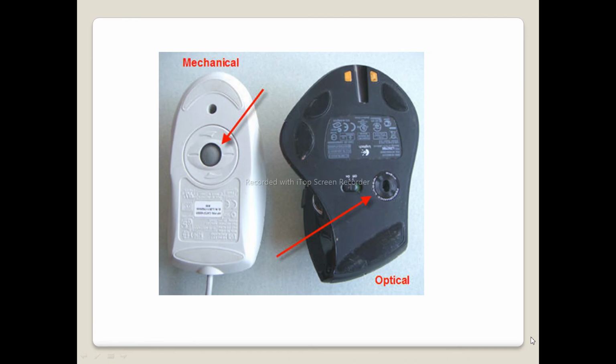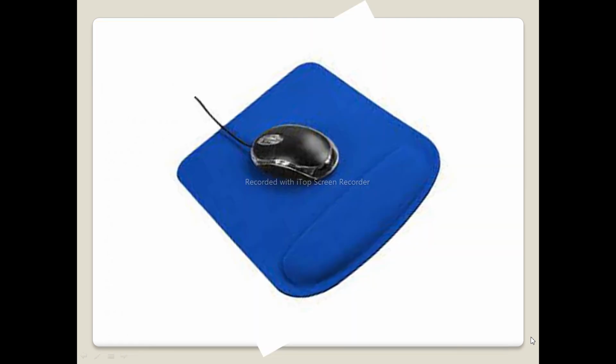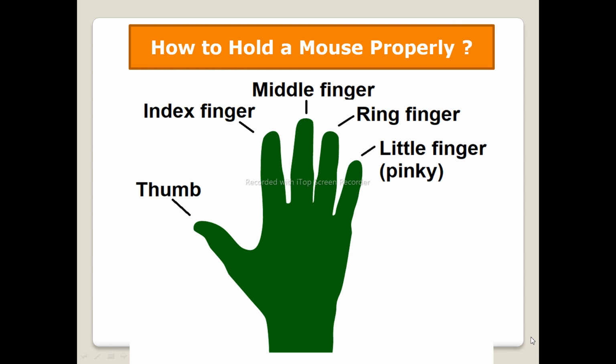We also covered mechanical mouse, optical mouse, how an optical mouse looks, and how we can keep our mouse safely for smooth functioning. Also, how to hold a mouse properly. So dear children, this is all for today. I hope you have understood. Read the lesson carefully. Chapter 4, using a mouse.